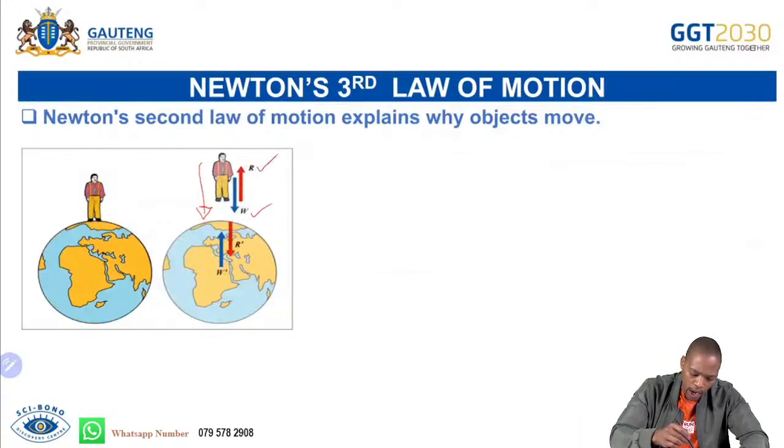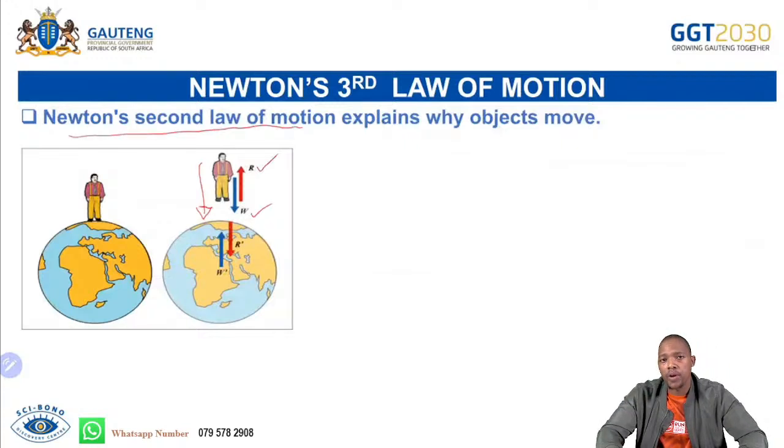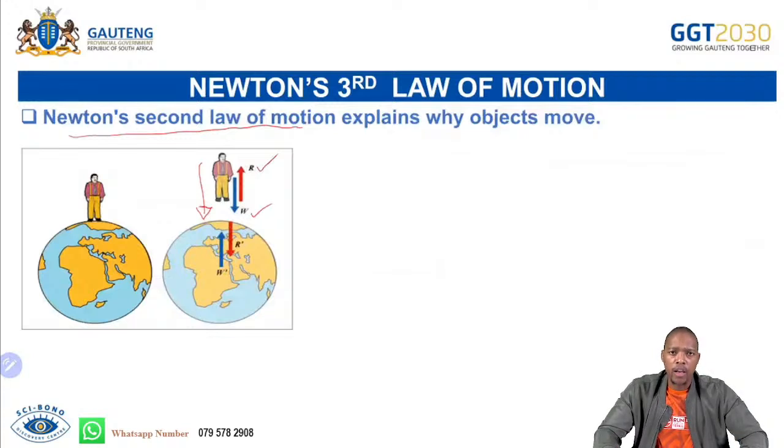Right, we have to go back to Newton's second law of motion from last week. When we said Newton's second law of motion, we said when a net force is applied to an object of mass m, it accelerates the object in the direction of the net force. But the part that was important, we said the acceleration is directly proportional to the net force and inversely proportional to the mass of the object.